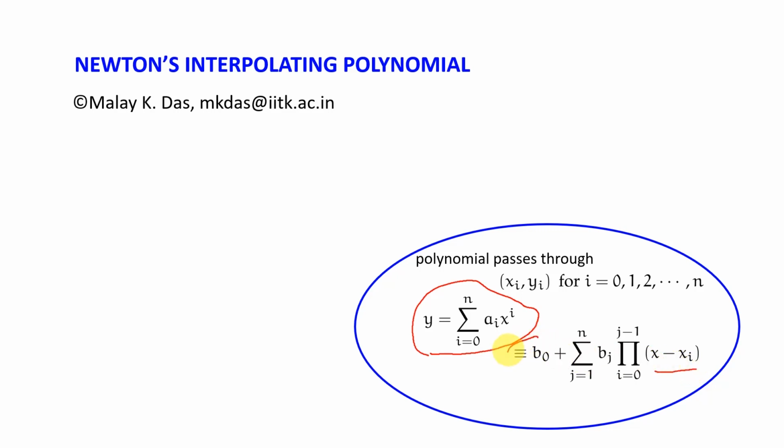And the idea that these two are equivalent, we have established in our last lecture: if we have n plus 1 points and if we define an nth degree polynomial through these n plus 1 points, then the polynomials are the same. So that idea we will explore and we will build what we call Newton's interpolating polynomial, and we will end this discussion with an example of how to apply Newton's interpolating polynomial.